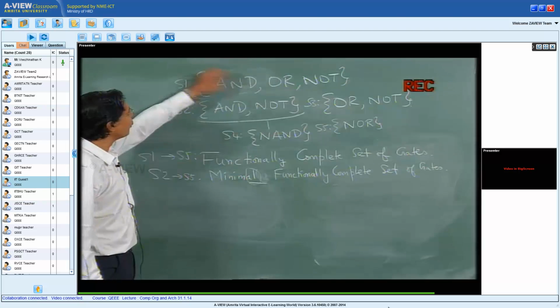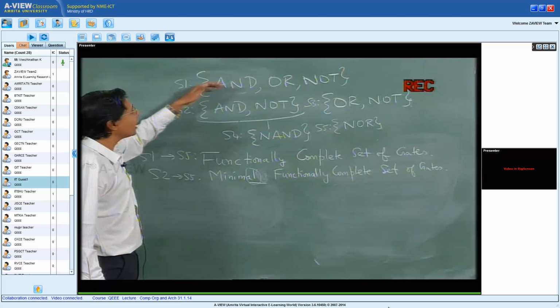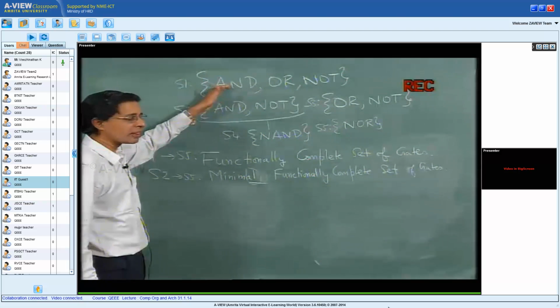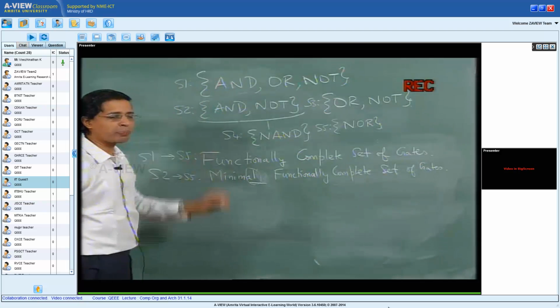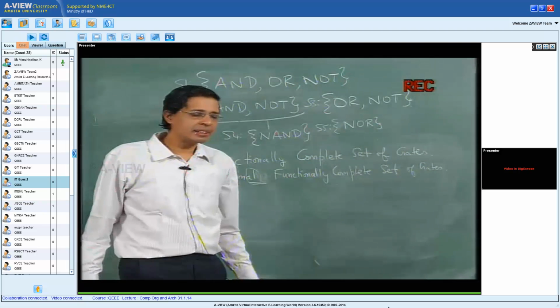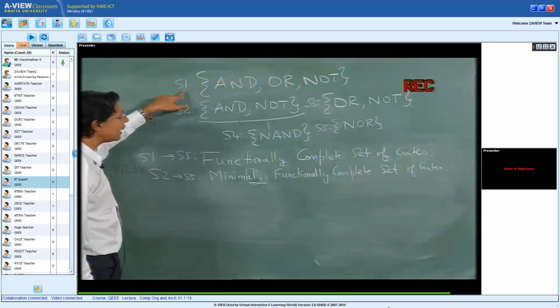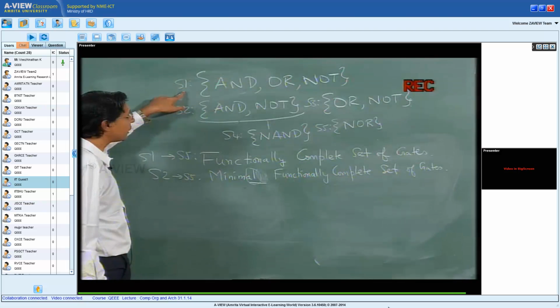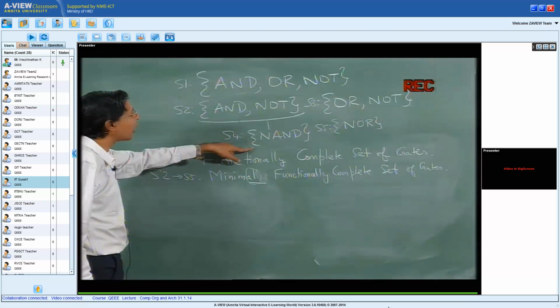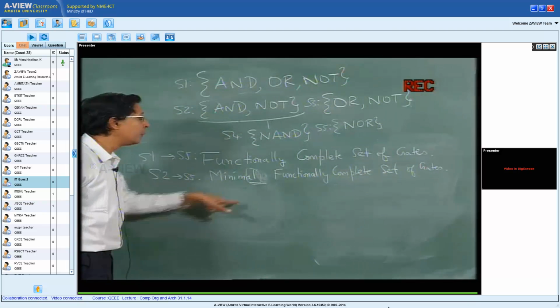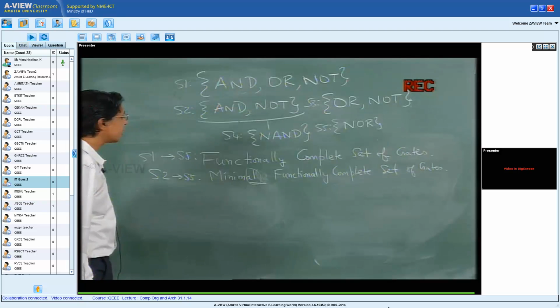So I can remove one of the gates from S1 and still maintain the property of a functionally complete set of gates. So S1 is not a minimal functionally complete set, while S2 to S5 are minimal functionally complete sets of gates.